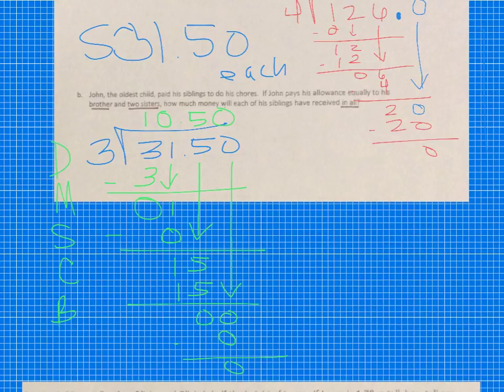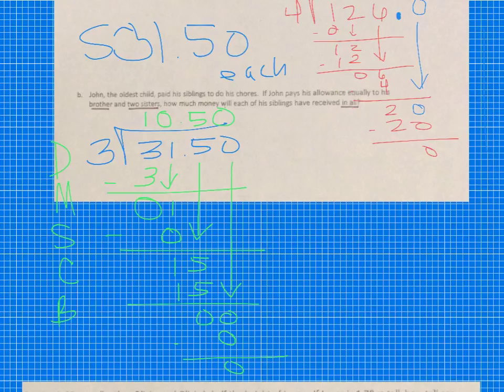If John pays his allowance equally to his brother and 2 sisters, how much money will each of his siblings have received in all? Now, this is how much John is paying each sibling. But each sibling also received $31.50 from Dad. So I need to add what they received from Dad to what they received from their older brother to figure out how much they received in all.